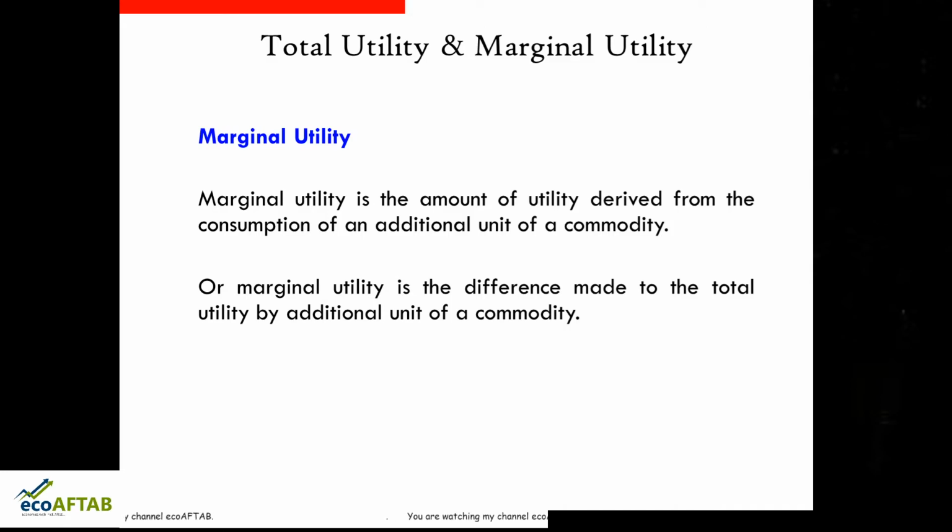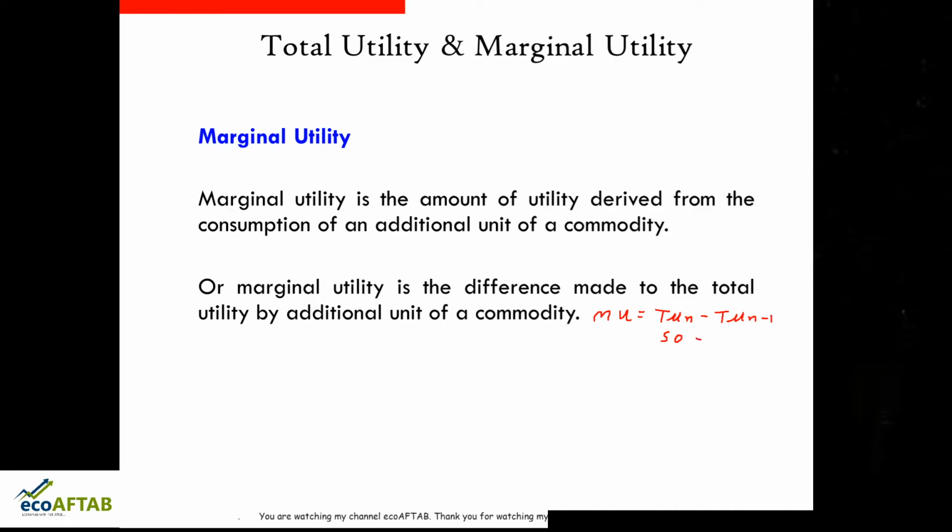So we can say marginal utility is the difference made to the total utility, that is, total utility n minus the total utility that I had previously. Let us say I have consumed 5 units of a commodity, and from 5 units I have got 50 utils of utility.